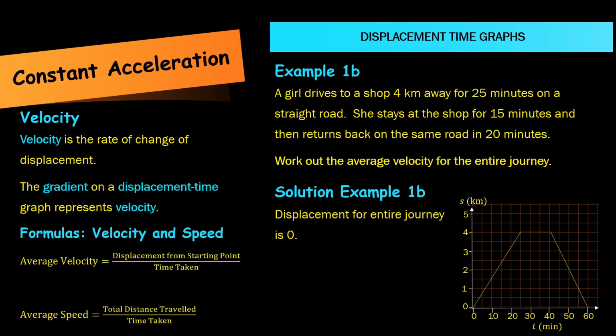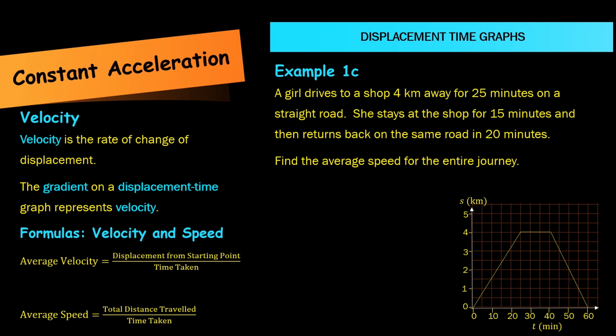And this is why displacement is 4 plus minus 4, which is 0. Therefore, the average velocity is 0, since velocity is displacement over time. And finally, for part C, we are required to find the average speed for the entire journey.